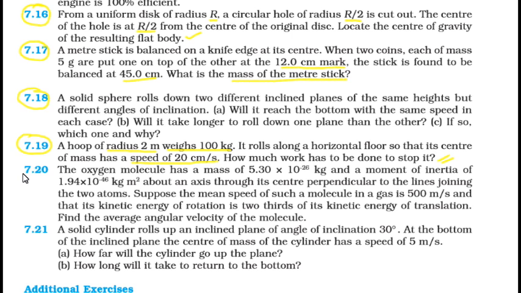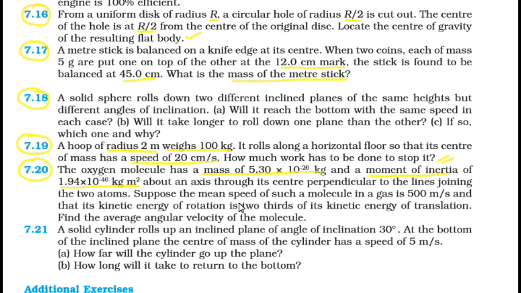Now question number 7.20. The oxygen molecule has a mass of 5.3 times 10 to the power minus 26 kg. The moment of inertia is also given, it is 1.94 times 10 to the power minus 46 kg meter square about the axis through its center perpendicular to the line joining the two atoms.